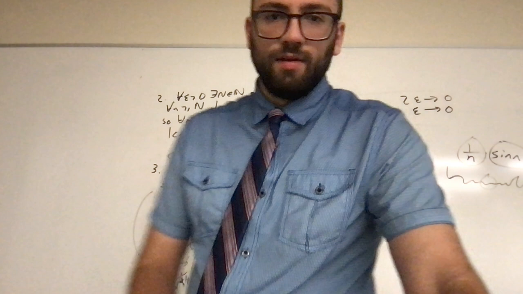Even if it was every other, after that N value, every other is still going to be less than epsilon if everything past N is less than epsilon. So from that you get x_{n_k} approaches a for any subsequence, because we never really defined what the subsequence was.